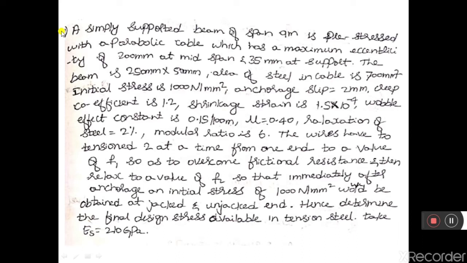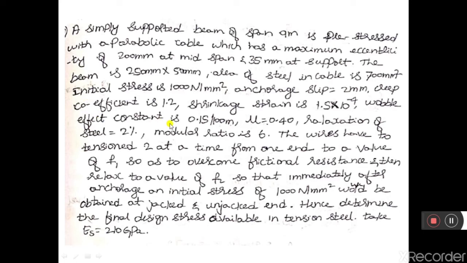Creep coefficient is 1.2. Shrinkage strain is 1.5 into 10 to the power of minus 4. Wobble effect constant is 0.15 per 100 meter. Mu is equal to 0.4. Relaxation of steel is 2%. Modular ratio is 6.